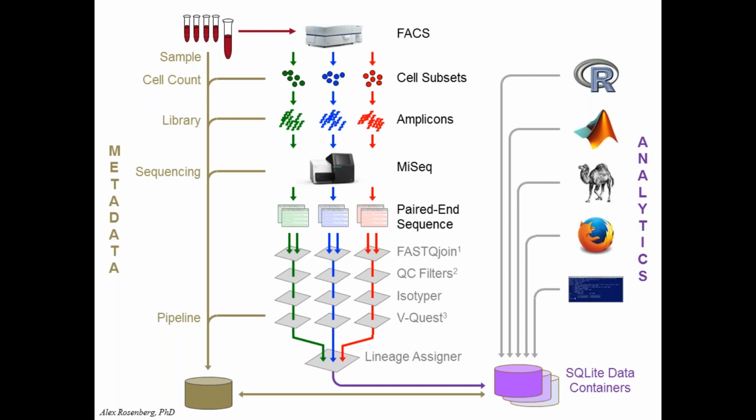We have to actually send it to a website, but we can do this at 500,000 sequences at a time. Then we can take the data from different samples that are aligned and combine them in this lineage assigner. So essentially we have sequences back that are quality controlled and annotated as to which V, D, and J segment they come from.